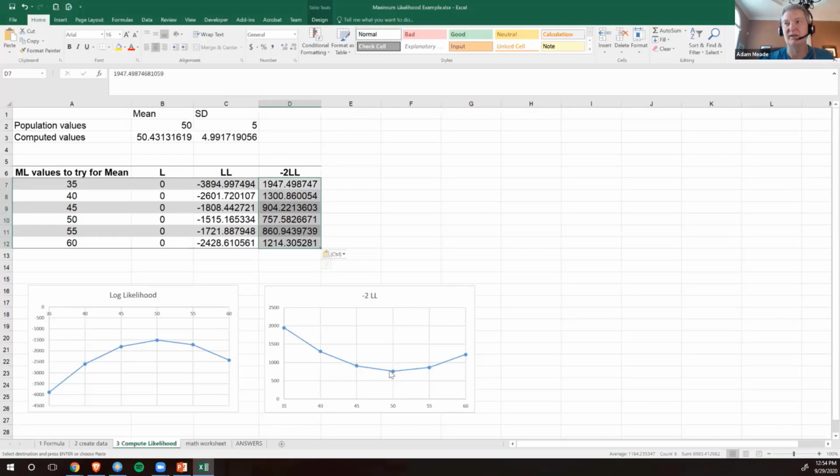Sometimes in the output you'll see something like the minimum fit function, what's being minimized instead of maximized. It's the same thing. Whatever minimizes the -2 log likelihood will maximize the original likelihood, so you can do it either way. If you pick the highest in this column or the smallest in this column, you get the exact same number over here. And that's maximum likelihood.